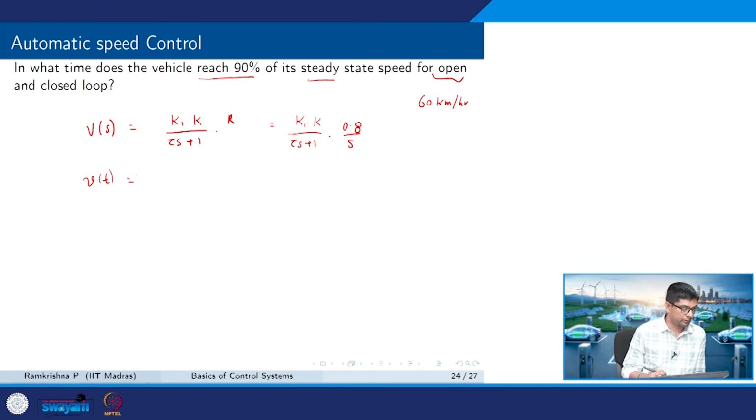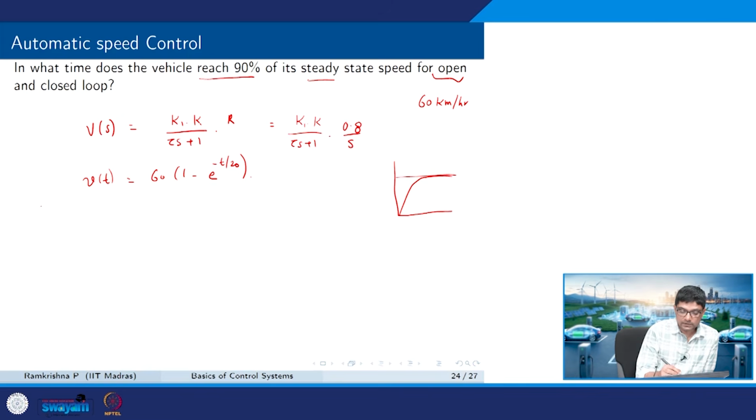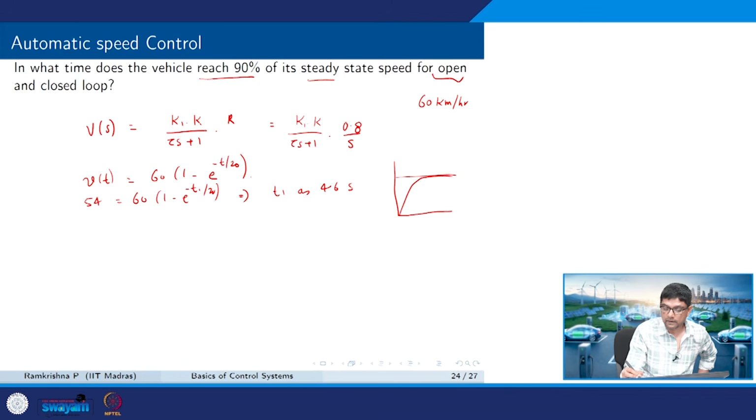The time signal actually now becomes 60 (1 minus e power minus t by 20), right. So if you look at this, it is a first order system. I have an input and then the system just goes out to this form. Okay. Now, what is 90% of the steady state value? That is 54 is 60 (1 minus e power minus T1 by 20). This will give me T1 as 46 seconds.